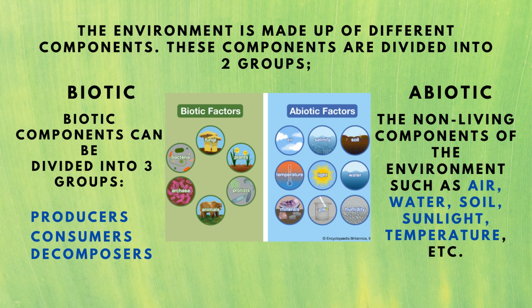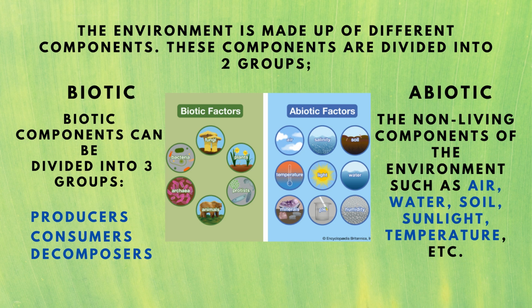Biotic components are of three types: producers, consumers, and decomposers. Producers are the primary sources which can make their own food, whereas consumers are those that depend on the producers for food, and decomposers are those that depend on the dead or decaying bodies of those producers and consumers.